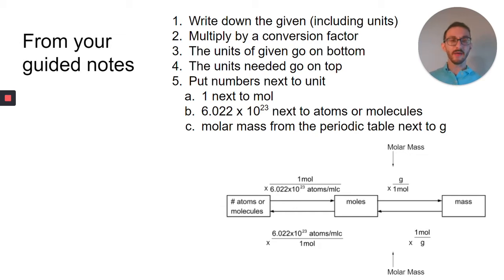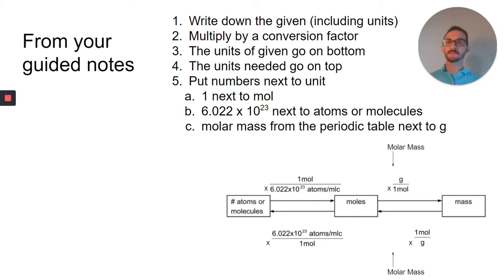So some people talk about the mole bridge. If you Google help for this topic, you might come across that phrase, the mole bridge. And that is because we can use moles to get from atoms to grams, but we have to pass through moles as a unit in order to get in between those two ends, atoms and grams.